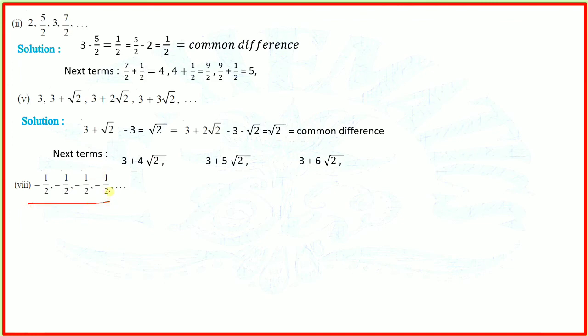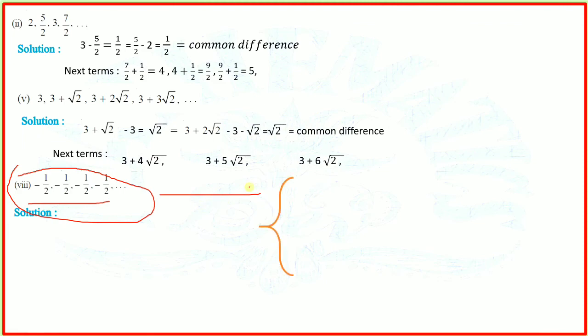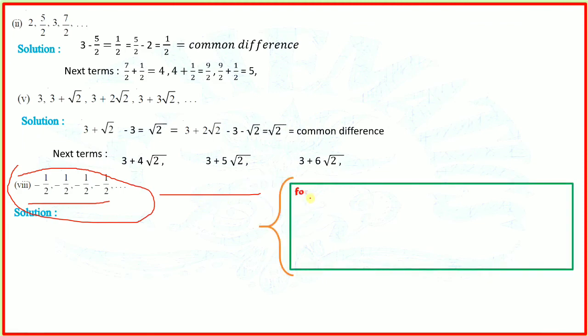All the terms are same. Now before we proceed with this question, you must know this concept. What is the concept? Pay attention: for any progression to be an AP, its common difference can never be 0.